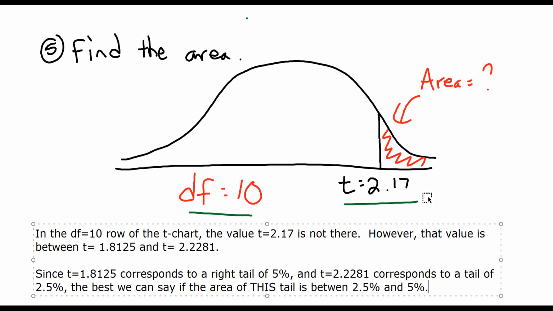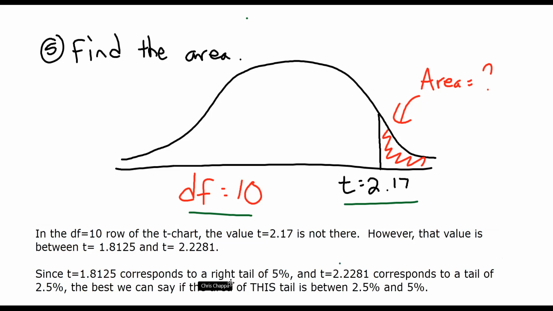And that may not seem like a satisfactory answer to this question, the question being, what is the area of that tail? But if we're going to use the t-chart only, this is the best answer that we can give.